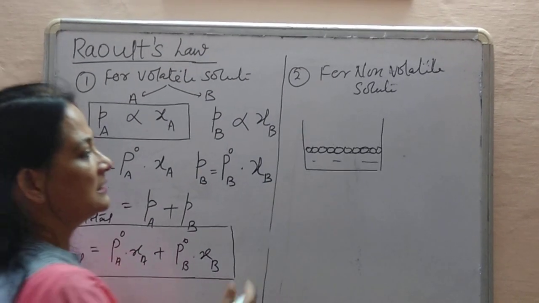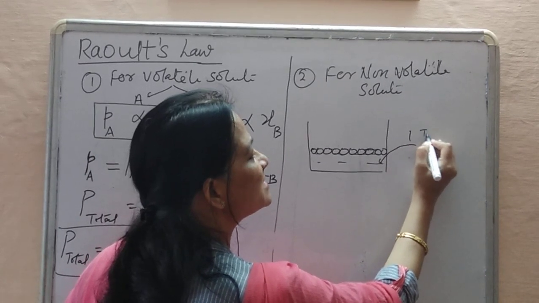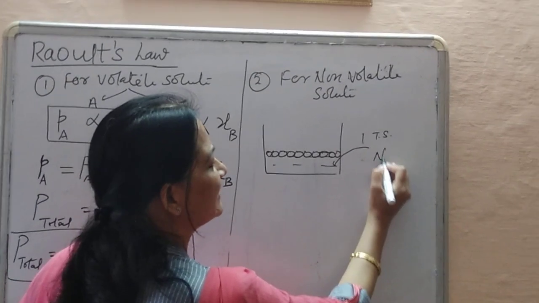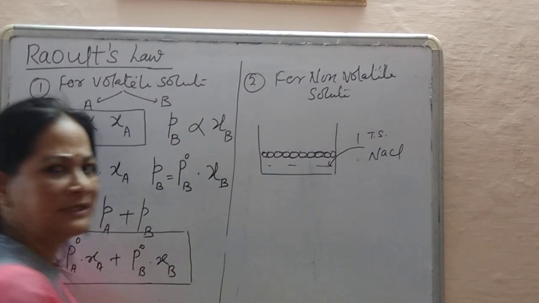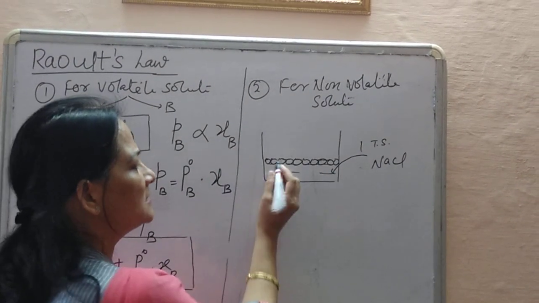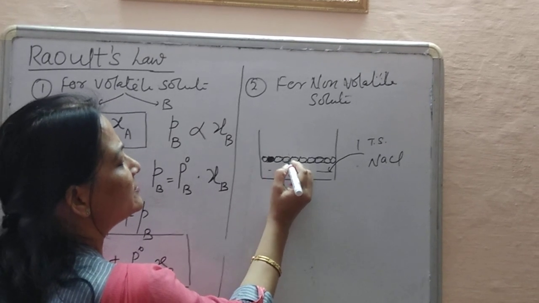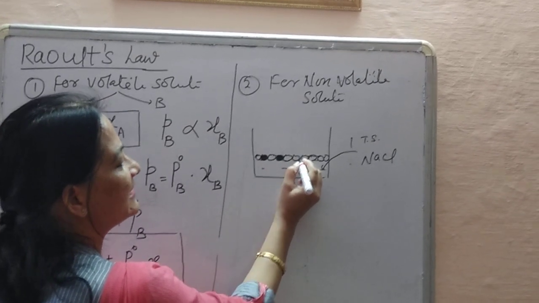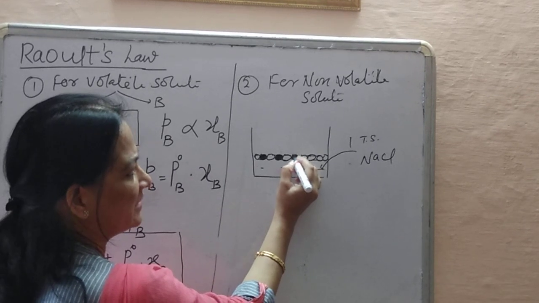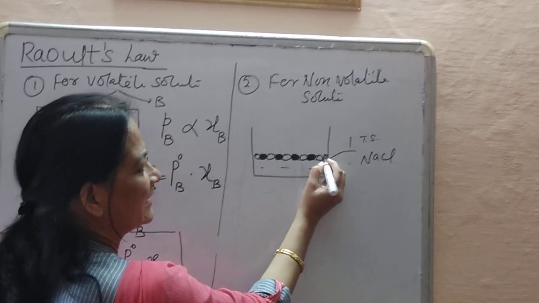Now just consider that I add 1 teaspoon full of NaCl to it. Now think what will happen, because NaCl is a non-volatile solute, some of the surface area will be covered by these non-volatile NaCl molecules. They cannot be converted into vapors because they are non-volatile in nature.